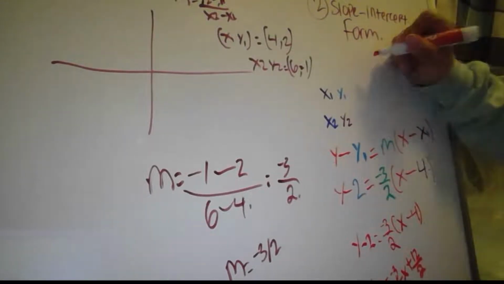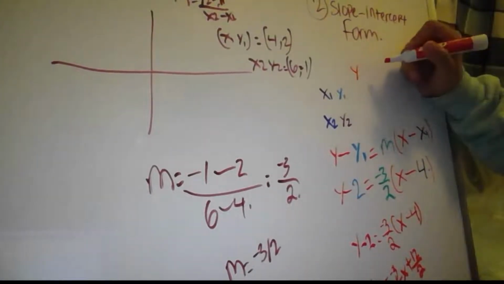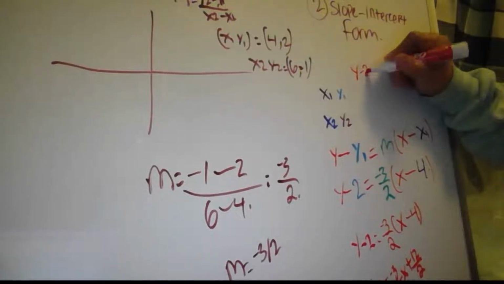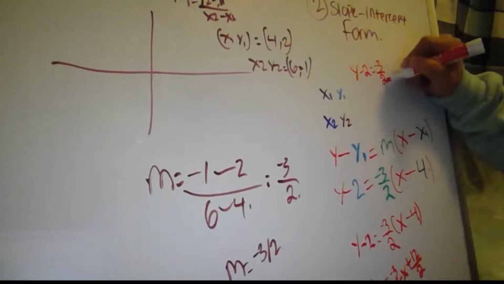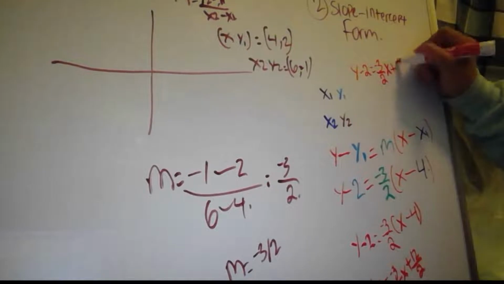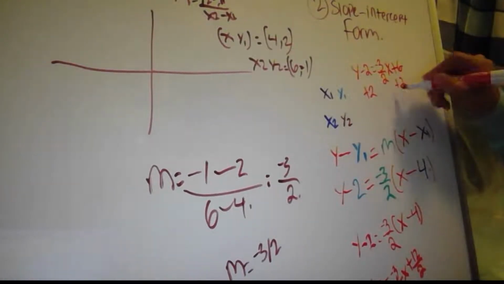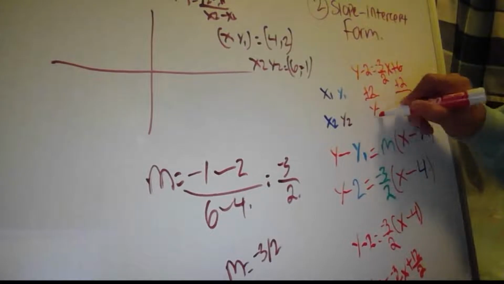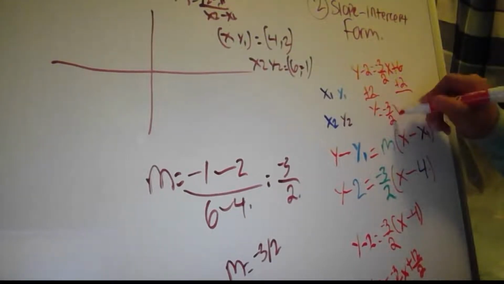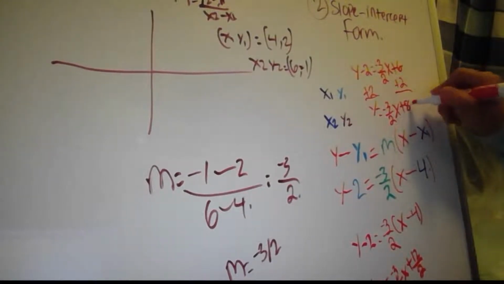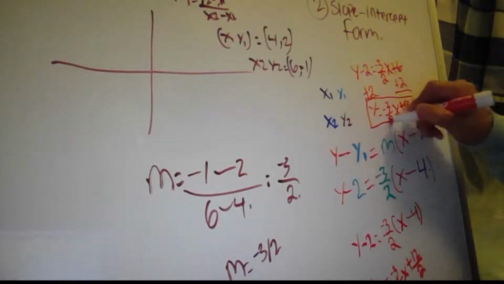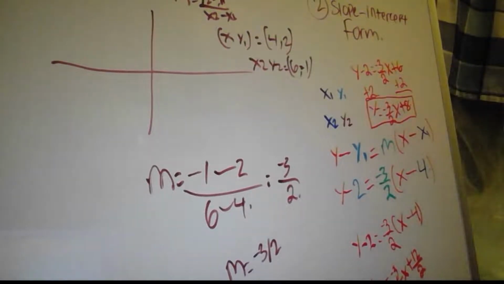This is y minus 2 equals negative 3/2 x plus 6. Then we go ahead and add 2 to both sides. We get y equals negative 3/2 x plus 8. And that is our answer.